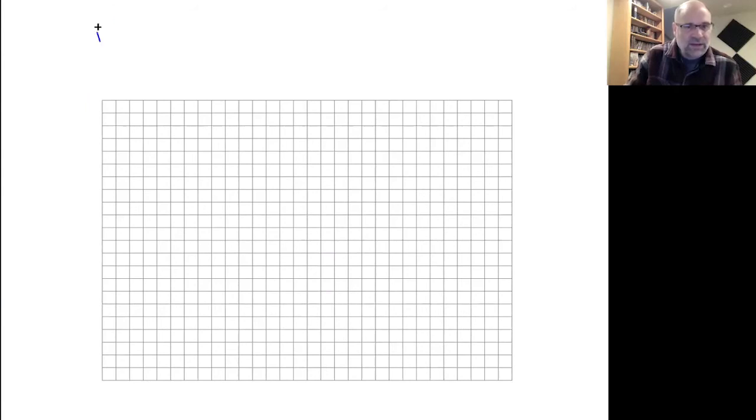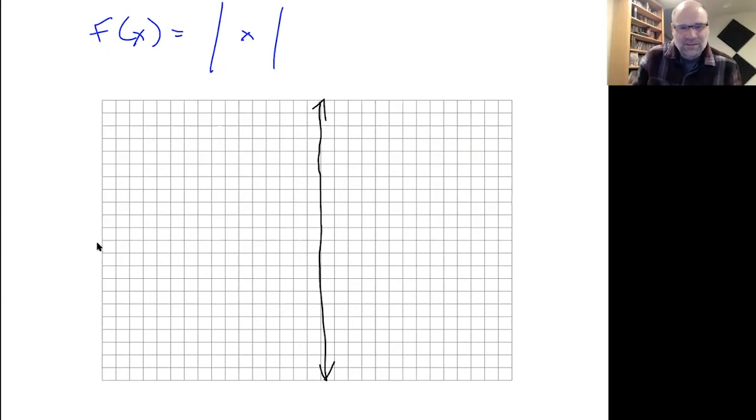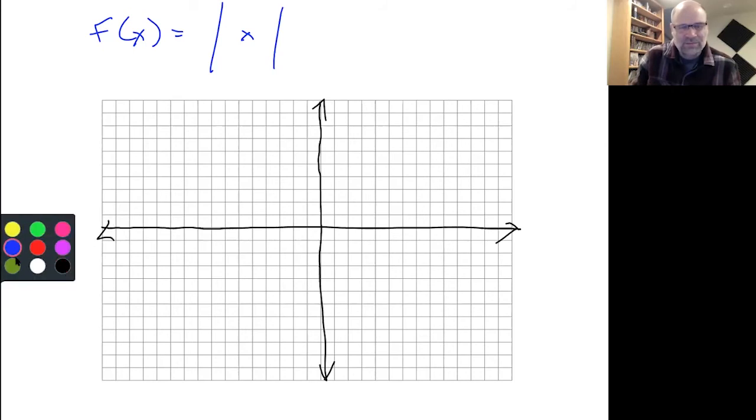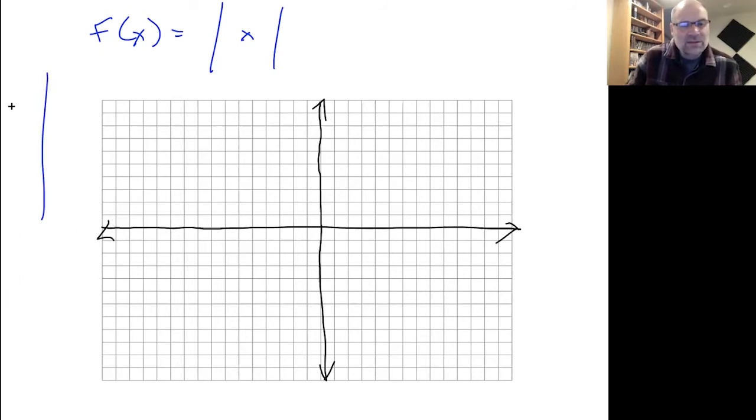So absolute value, so f of x equals the absolute value of x, okay? So let's draw our graph. So 0 goes to 0, 1 goes to 1, 2 goes to 2.